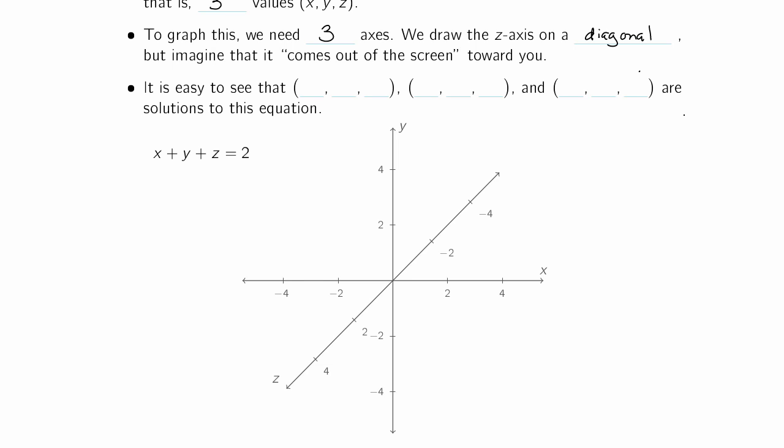And depending on exactly what you're doing, sometimes you'll draw x and y where they normally are, and then z coming out of the screen at you, drawn on a diagonal, but imagine that it's coming out of the screen at you. Or sometimes we'll call this one x, this one y, and this one z.